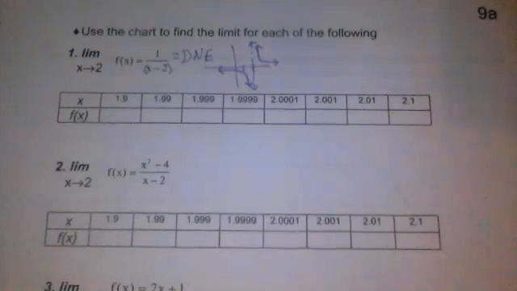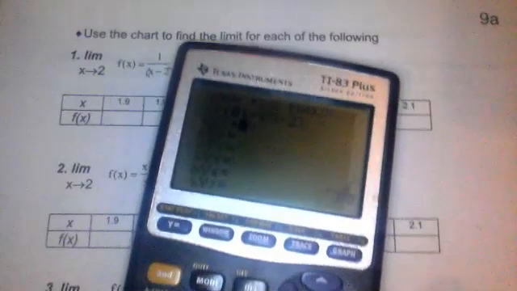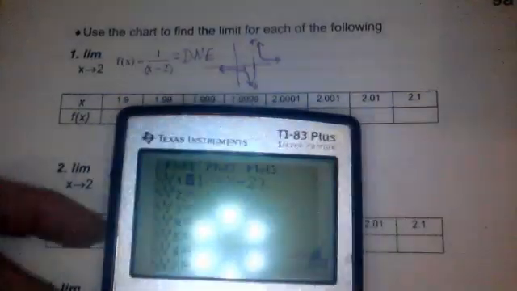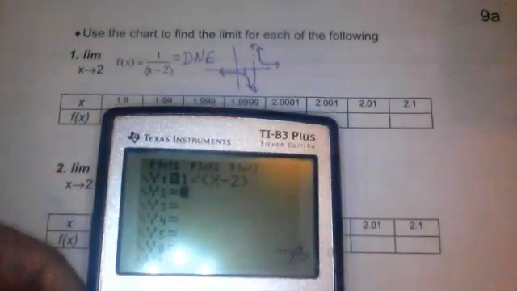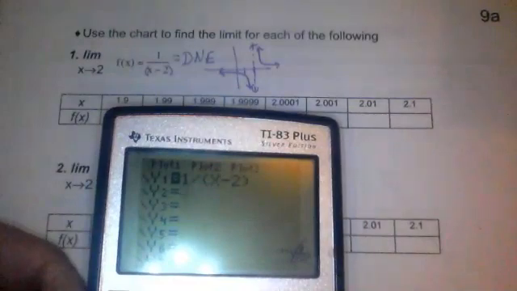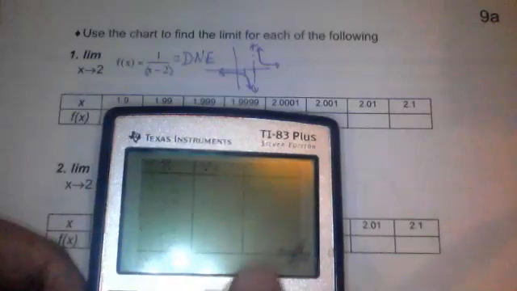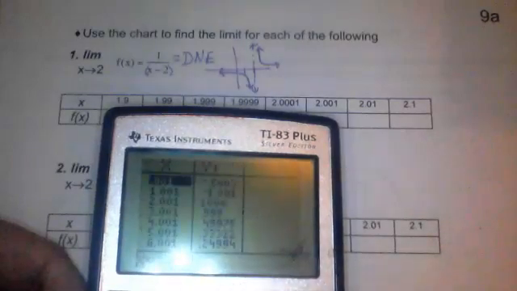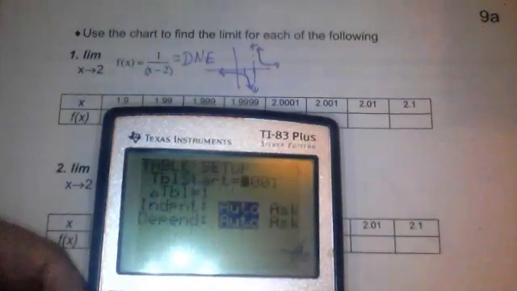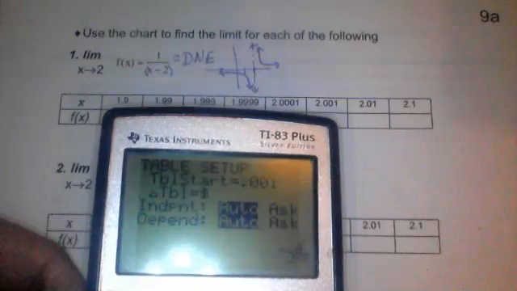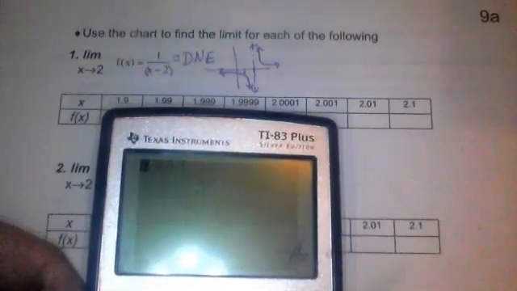But let's take a look at the chart for this function as well. So if we put this equation into the calculator, so here it is, and then we're going to go to our table. Okay, I'm going to set this on ask, and we'll go to the table.